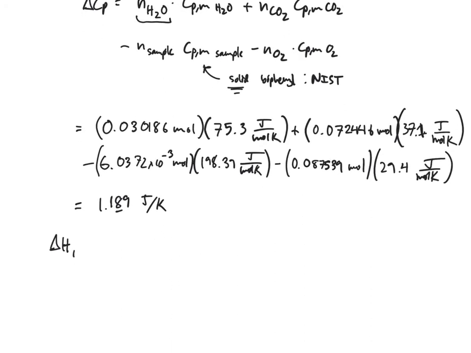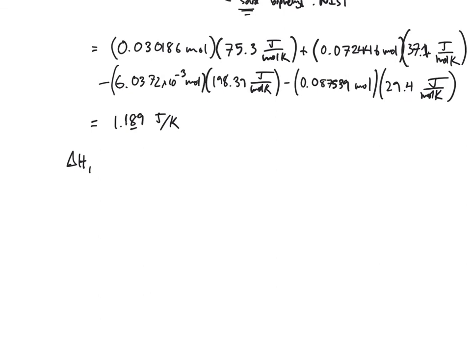So now I do my delta H1. That just equals delta Cp multiplied times the standard temperature minus Tb, because I'm going to assume that that's a decent approximation for the change in temperature that's being made to my system.